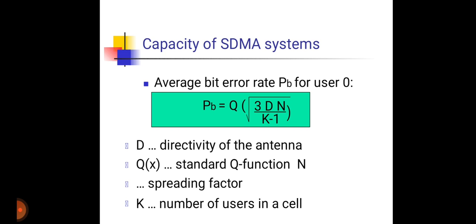Average bit error rate P_b for user 0: P_b equals Q of the square root of 3DN divided by K minus 1. This is the equation for average bit error, where D is the directivity of the antenna, Q of x is the standard Q function, N is the spreading factor, and K is the number of users in a cell.